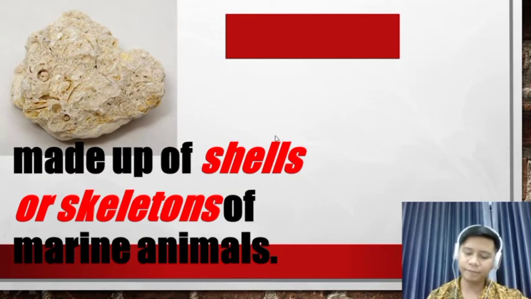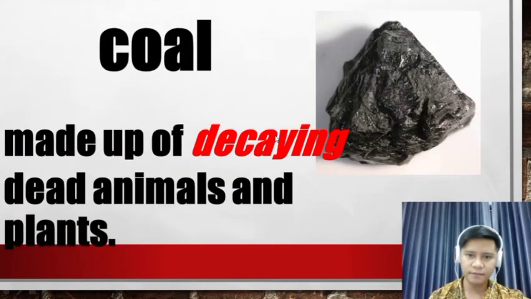Okay, so next stone, I think this is the last stone. We have coal. When we say coal, it is made up of decaying, same with rotten, dead animals and plants.